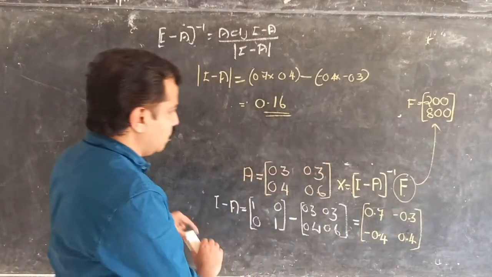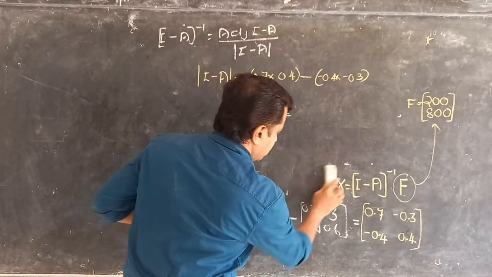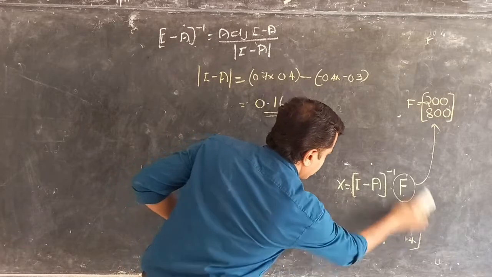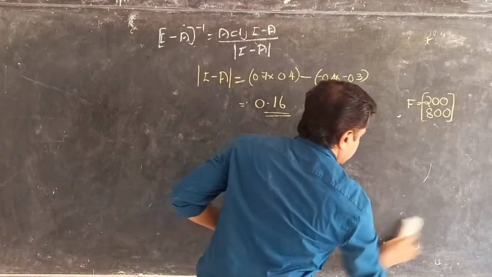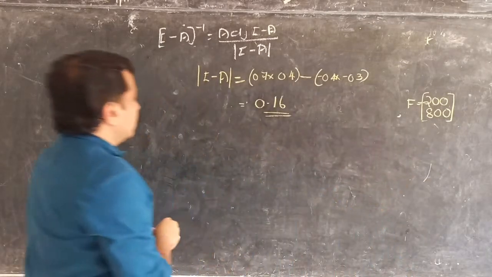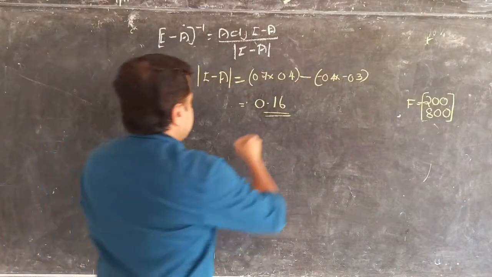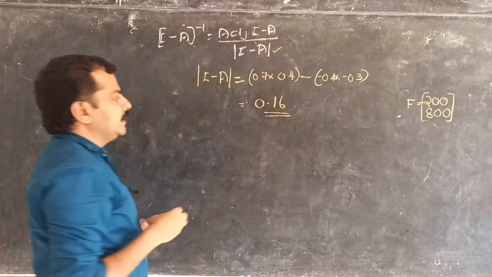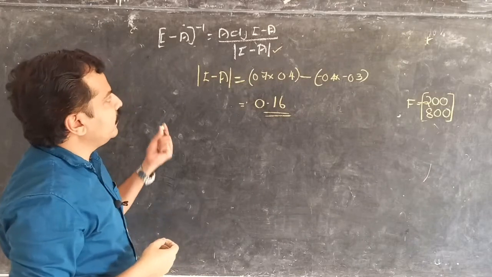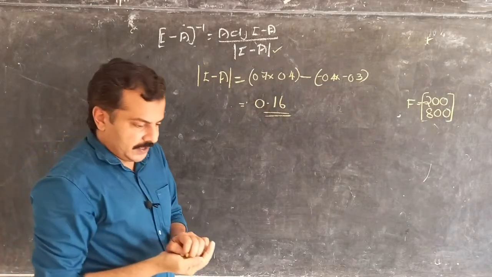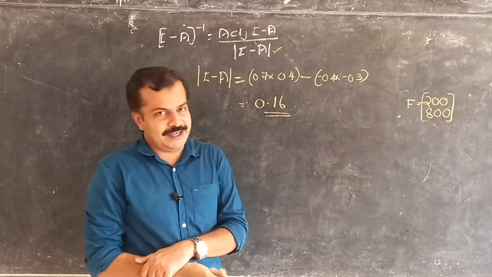Let me remove all this here. F should be there. So I minus A is over. We have already calculated the determinant of I minus A. Now we need to calculate the adjoint of I minus A. For the adjoint, first we need cofactors.